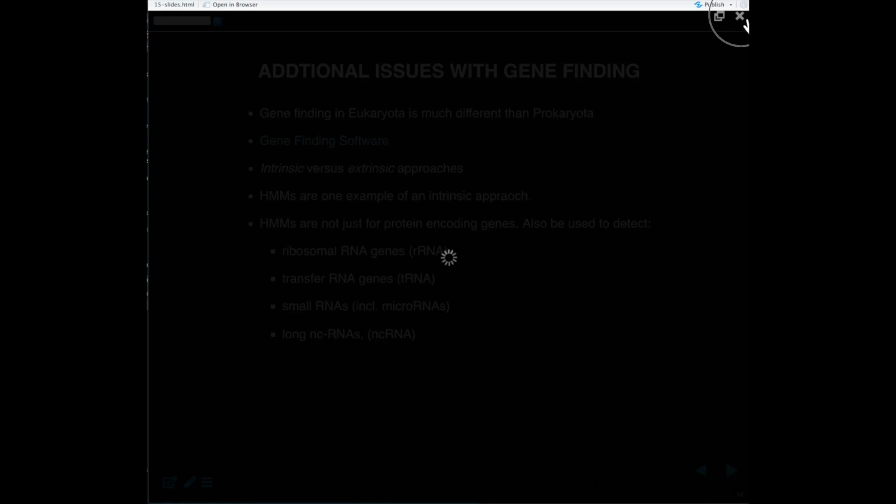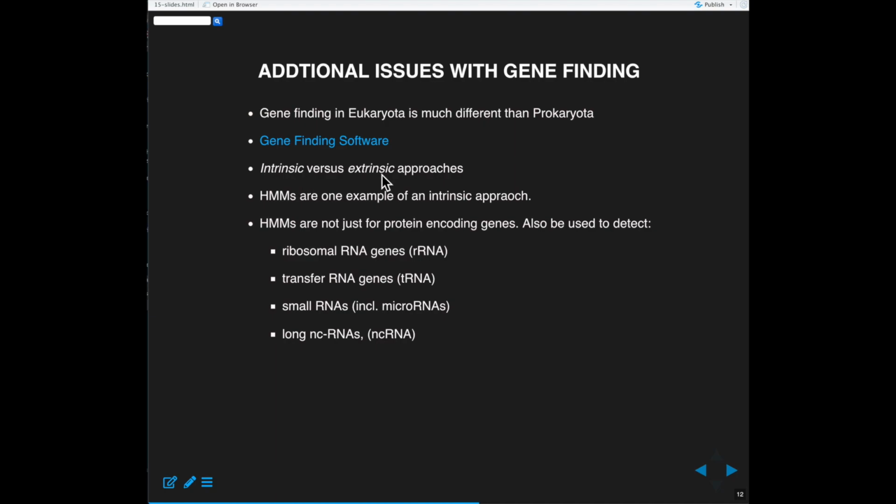And then there's a broad difference between intrinsic and extrinsic approaches. Now, we've seen an intrinsic approach already. HMMs are one type. And I should say that they're not just for protein encoding genes. You could use them to, say, detect long non-coding RNAs. Again, it just comes down to your learning set. You're going to reparameterize your hidden Markov model. The transition probabilities between states and the emission probabilities would have to be readjusted for whatever domain you're working in.